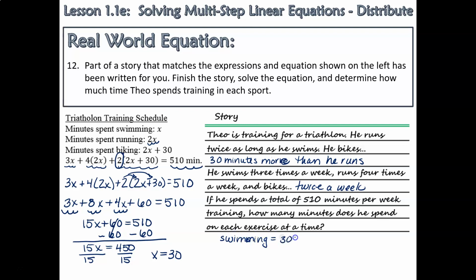That's 30 minutes. And then running is twice that, so he runs for 60 minutes at a time. And we're going to plug in the value of x, which is 30, to find out how much time he spends biking. So he bikes for 90 minutes at a time.